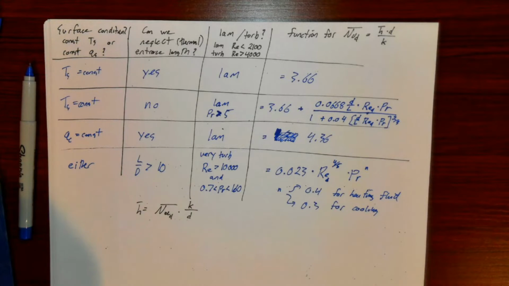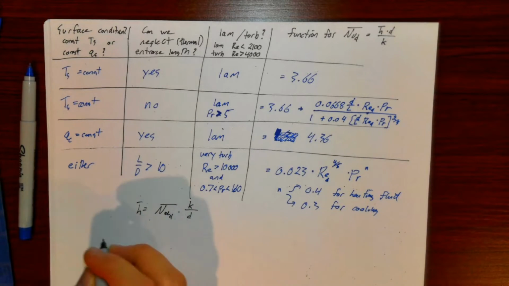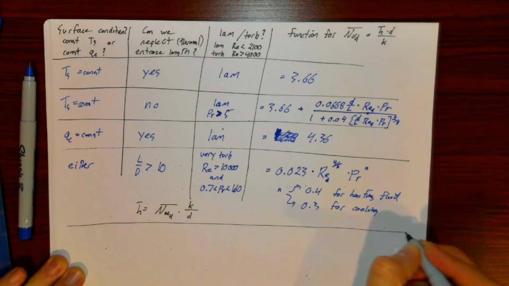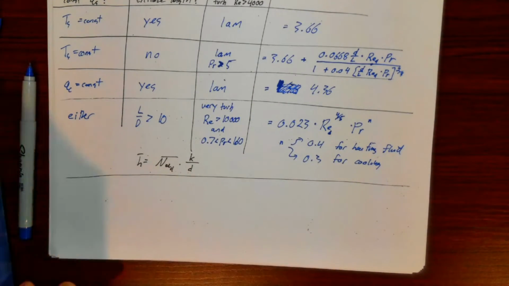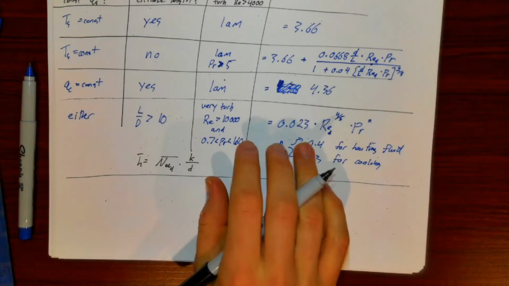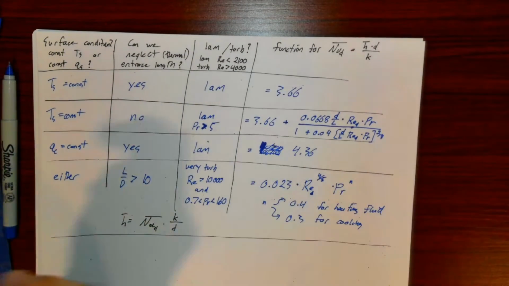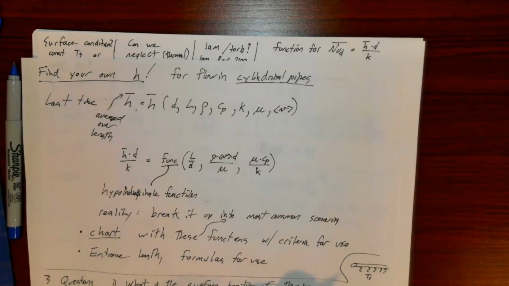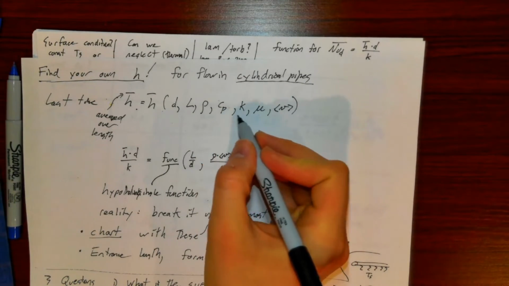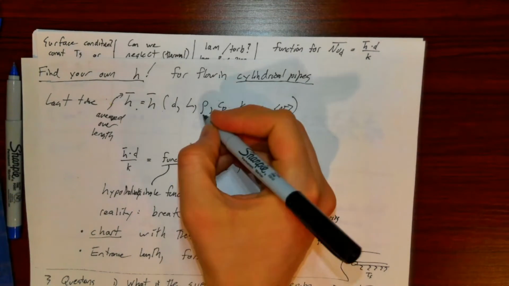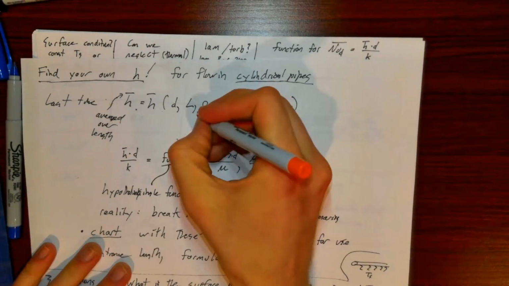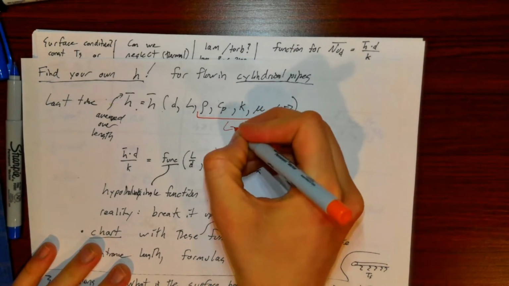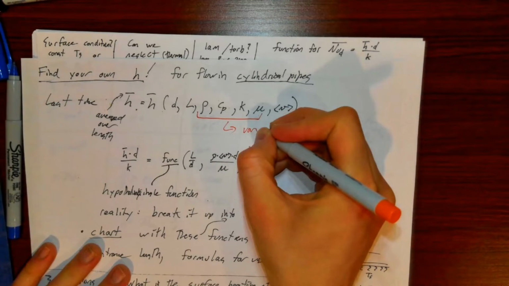A couple of caveats, right? So what might be some caveats to the use, or some trickiness to the use of this function? Well, here I'm talking about things like fluid conductivity. We talked about things like fluid thermal conductivity, specific heat, viscosity, and density. So strictly speaking, all of these can vary with temperature.